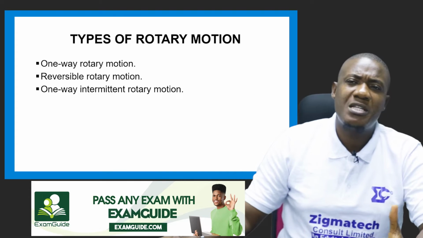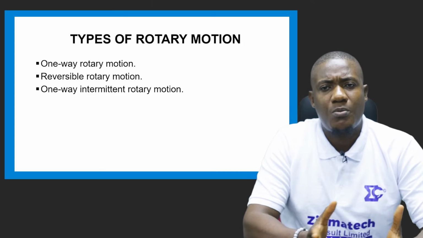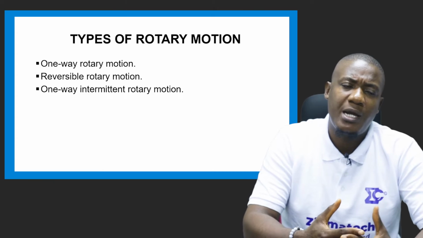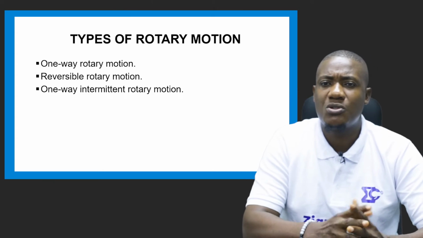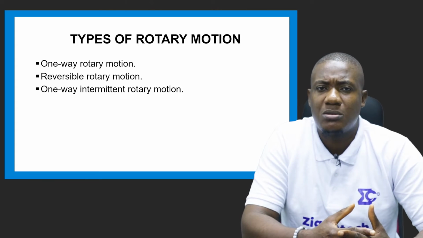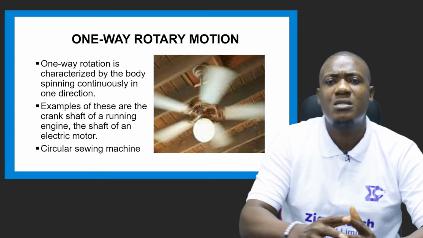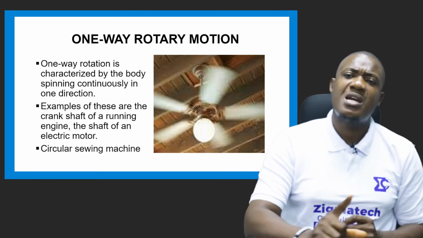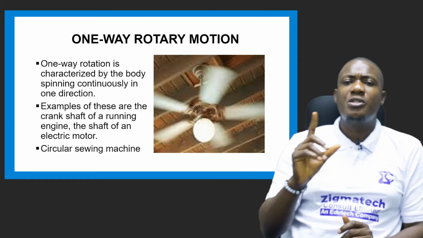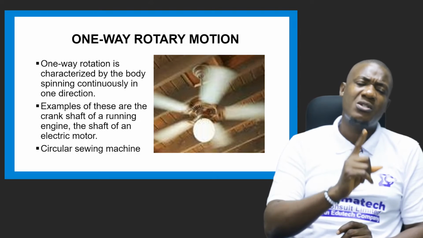We have different types of rotary motion. We have the one-way rotary motion, the reversible rotary motion, and one-way intermittent rotary motion. One-way rotary motion is where the body rotates or spins continuously in one direction.